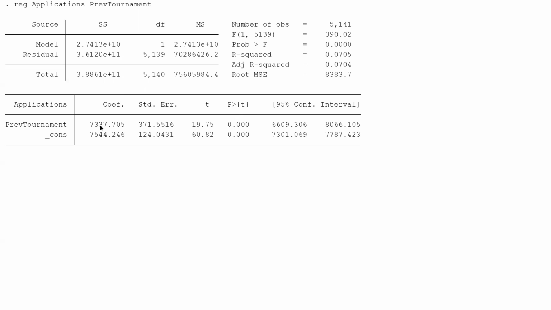So it looks like this is huge, right? It looks like making the tournament the year prior increases applications by about 7,000. This just seems absurd. Well, it's because we haven't controlled for anything else, right? What do you think is probably true about larger schools? Larger programs tend to have a higher likelihood of making it into the tournament.